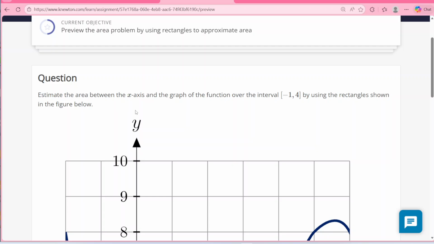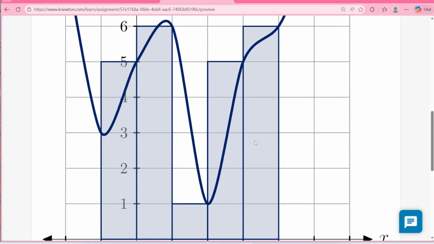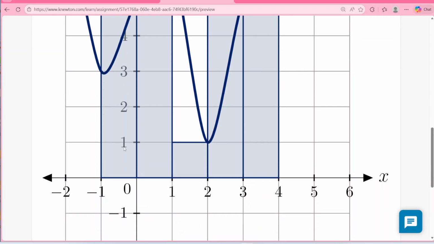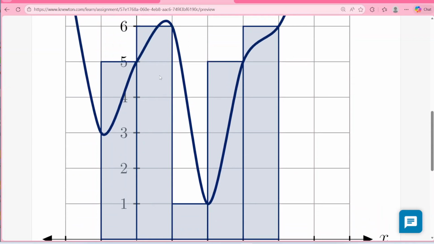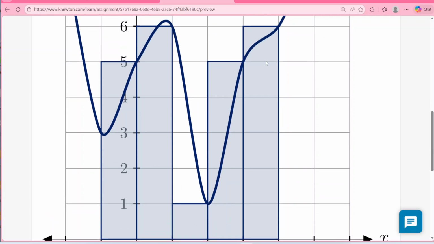So it's just once again adding up shaded areas, right? The shaded areas of these rectangles under the dark blue curve. So I've got a 5 by 1, a 6 by 1, a 1 by 1, another 5 by 1, another 6 by 1. So that's 11, 22, 23 of these square units are shaded in.